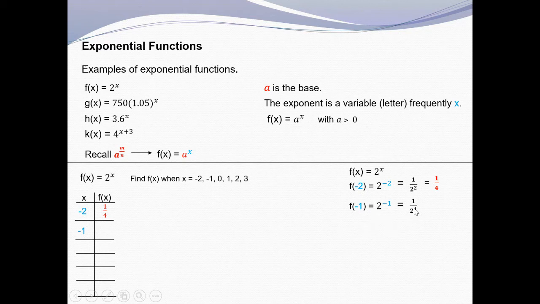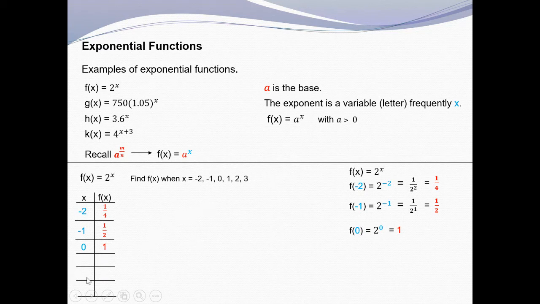We rewrite it as 1 over 2 to the first power, which equals 1/2. So when x is -1, f of x equals 1/2. When x is 0, f of 0, remember, anything to the 0 power is equal to 1. So when x is 0, f of x equals 1.